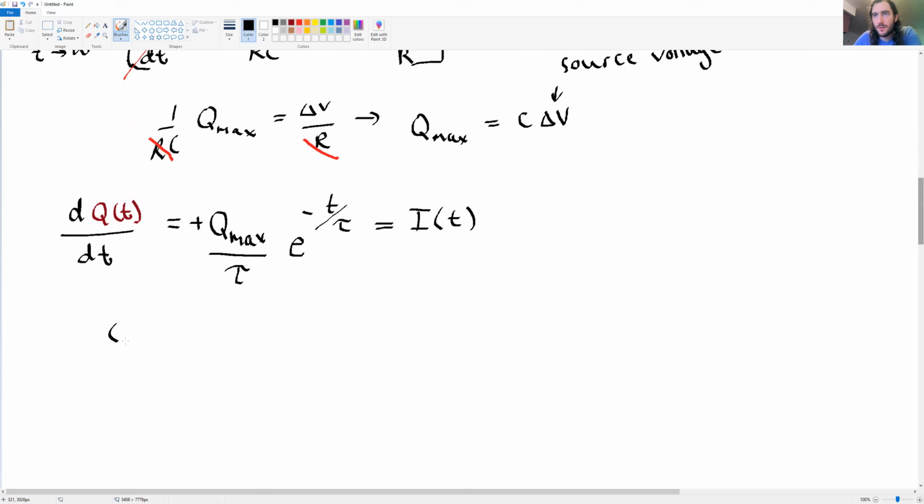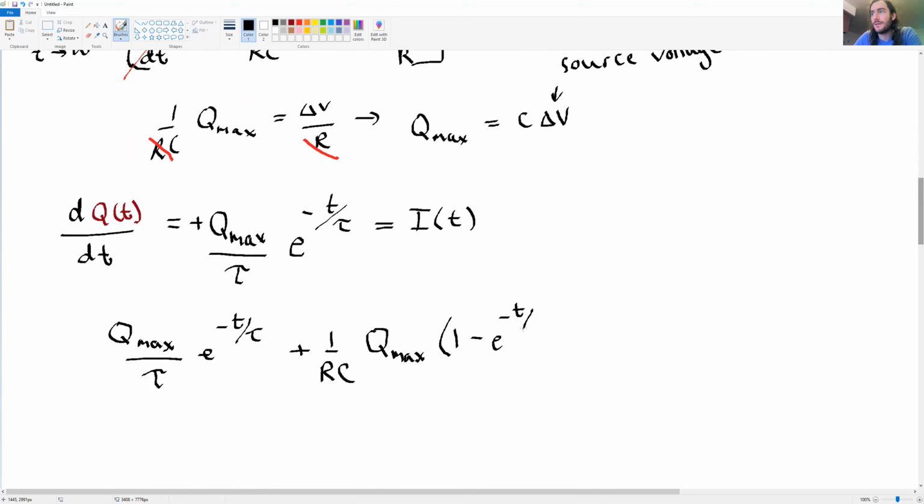So Q max over tau, e to the minus t over tau, should add to 1 over RC times Q of t, and Q of t is Q max times 1 minus e to the minus t over tau, and then that has to be equal to delta V.